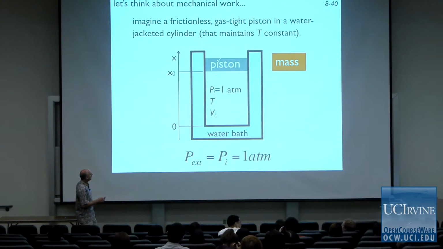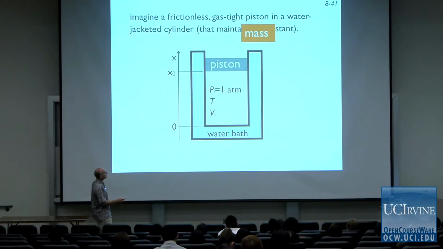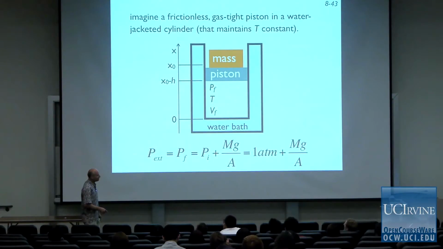Now, we're in equilibrium here, so the external pressure and the internal pressure have to be equal to one another. That's mechanical equilibrium. Now, here's a mass over here. I'm going to move this mass over to the piston. What's going to happen? It's going to go down. Isn't that beautiful?